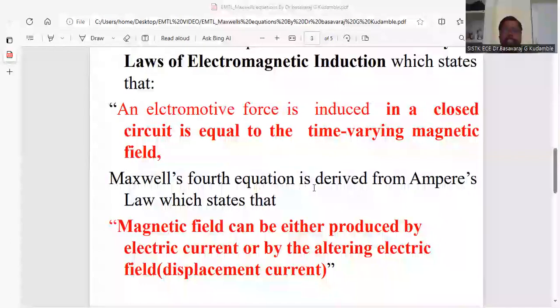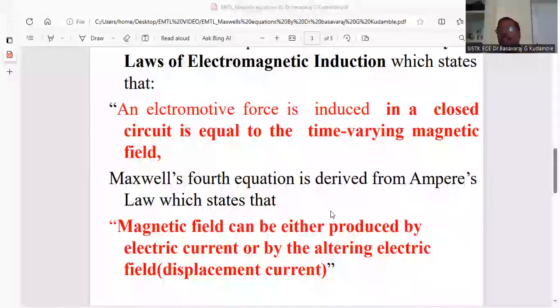The magnetic field produced depends upon the net current flowing through the conductor. That is given by Ampere's law. A magnetic field can be produced either by electric current or by an alternating electric field.